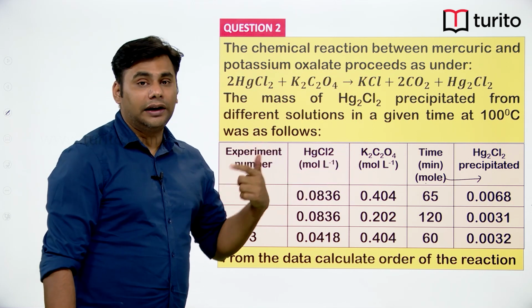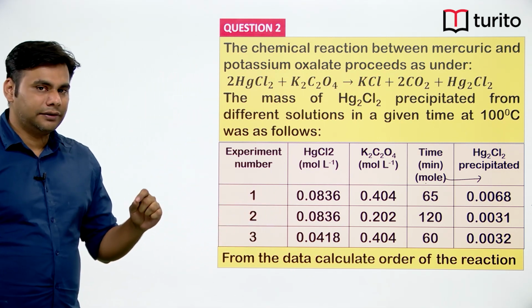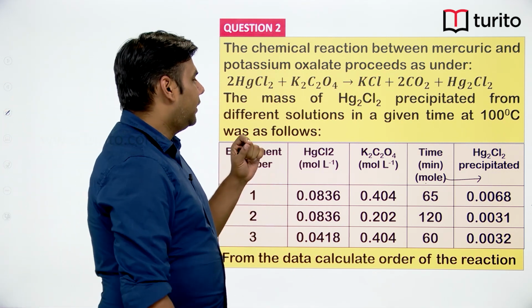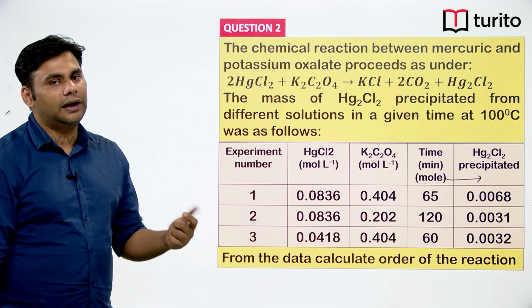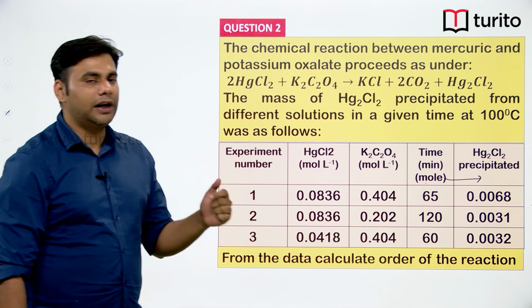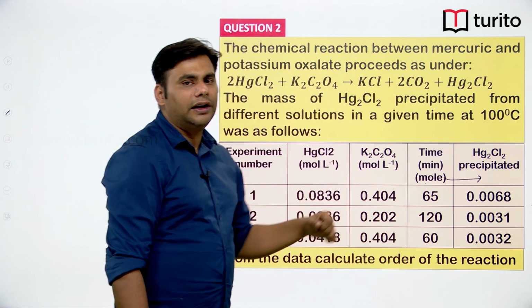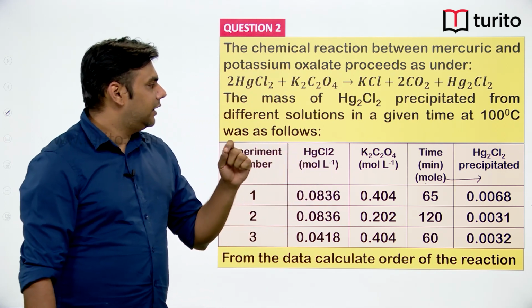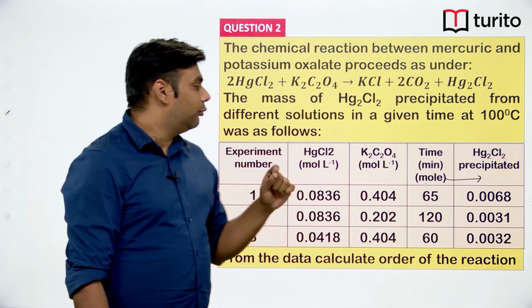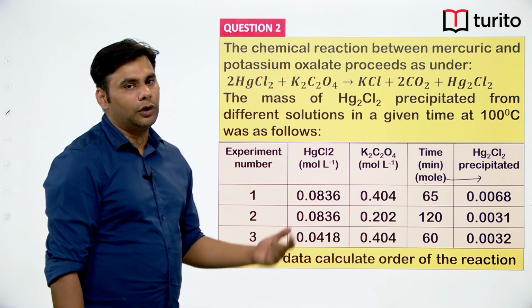Now we know that the unit of rate is molar, or mole per liter per second. Okay, so we will assume that the reaction is happening in a 1 liter container. So I am going to say that the rate of this reaction would be moles per liter per minute, that is molar per minute.